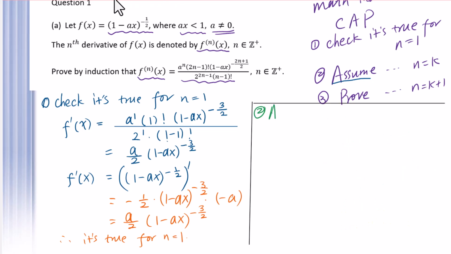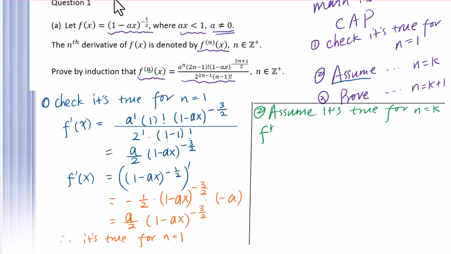Second step, assume it's true for n equals k, which means we will change every single n into k.